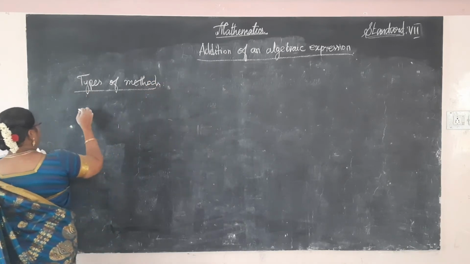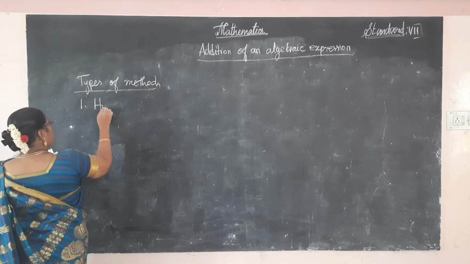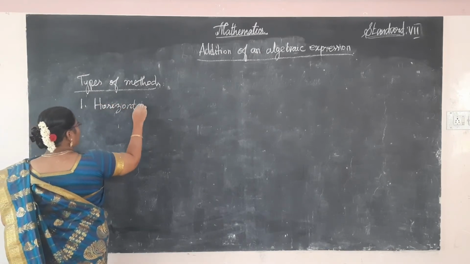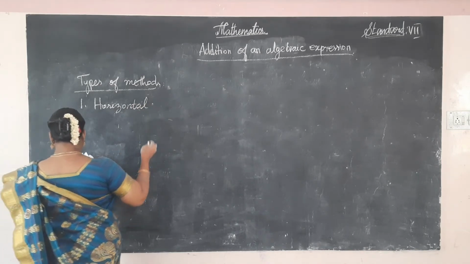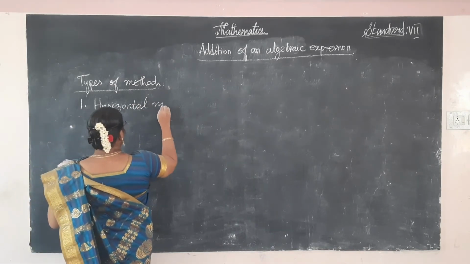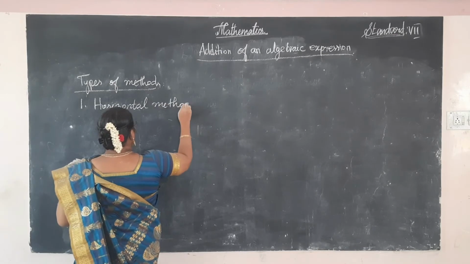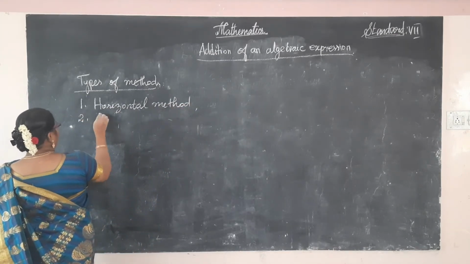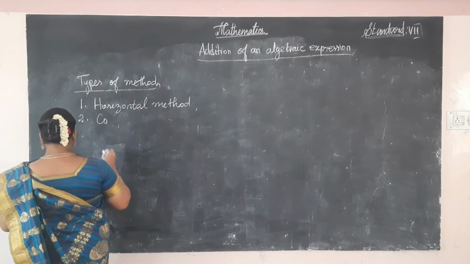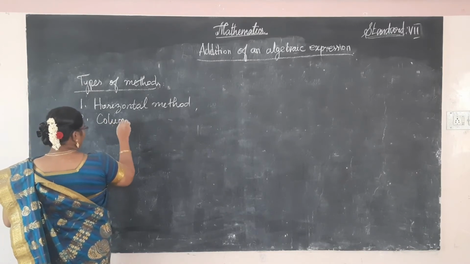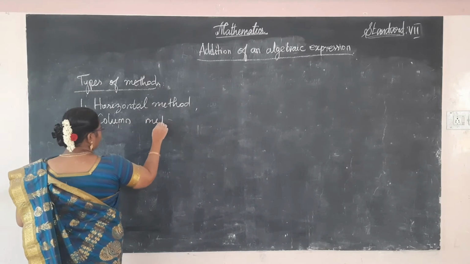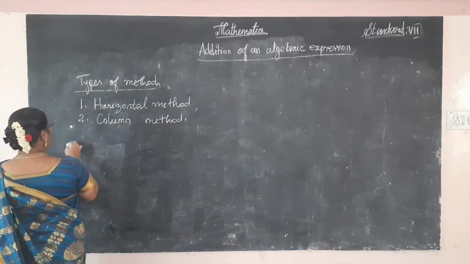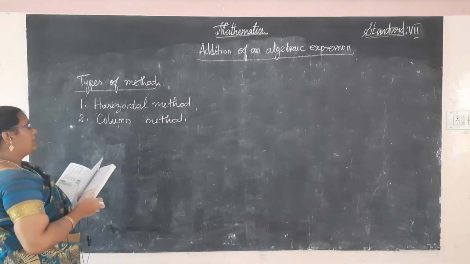The first type is the horizontal method, and the second one is the vertical or column method. Mostly we use the column method. First we apply the horizontal method.